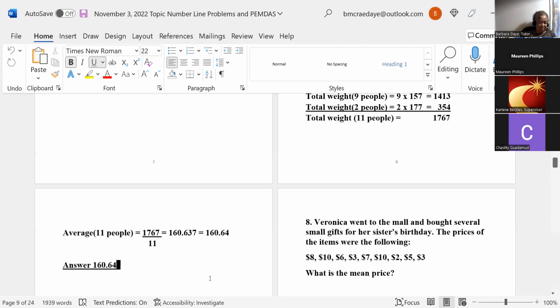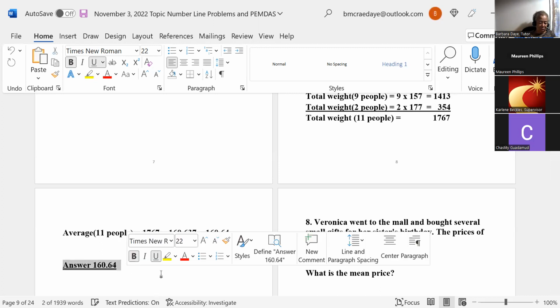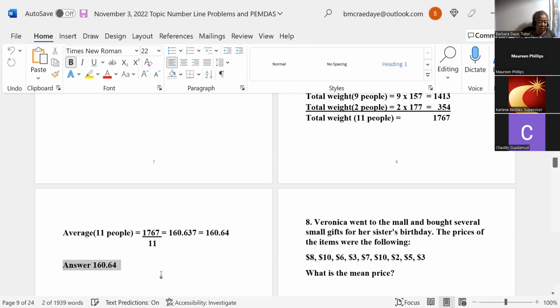Questions? So you can't just add up the averages and divide by 2. You need to find the total weight for the two groups, the group of 9 and the group of 2, and then you divide it by that total 11. That gives you the average for the two groups.